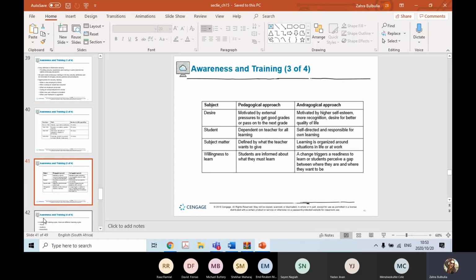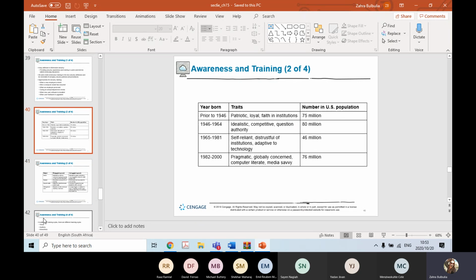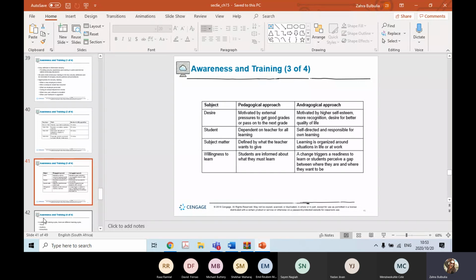So in terms of awareness and training, they talk about how you would teach each subject, the approach you would use. If we think of teaching a student, it would be very different from teaching an employee.